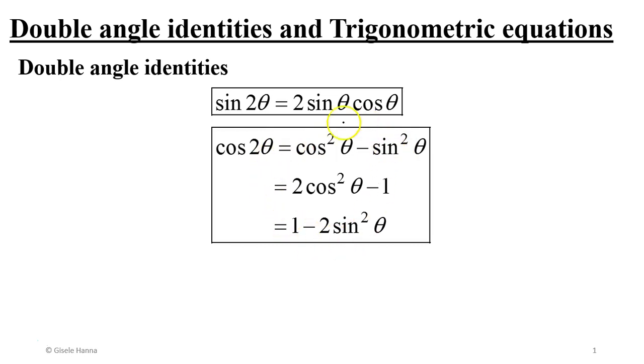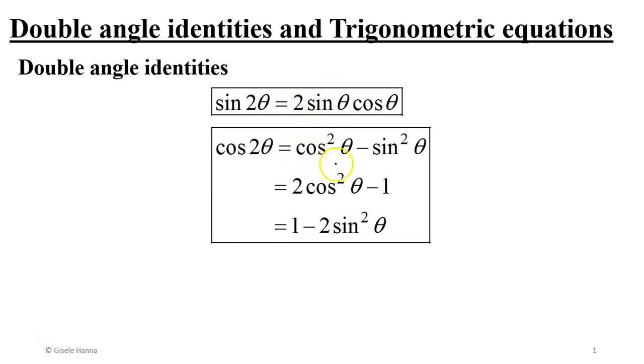Now, as you can see, we have three equivalent identities for cosine 2 theta here, which are all equivalent to each other. And usually in a problem, which one to use really depends on the context and what you have been given.